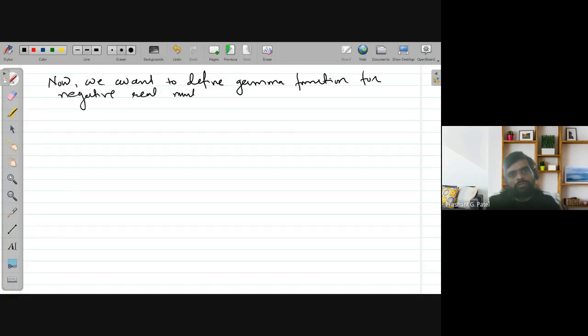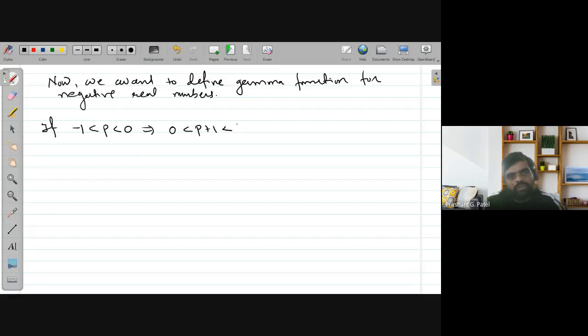So if p is between minus 1 and 0, then if I add 1 to this inequality, we have 0 is less than p plus 1 is less than 1.